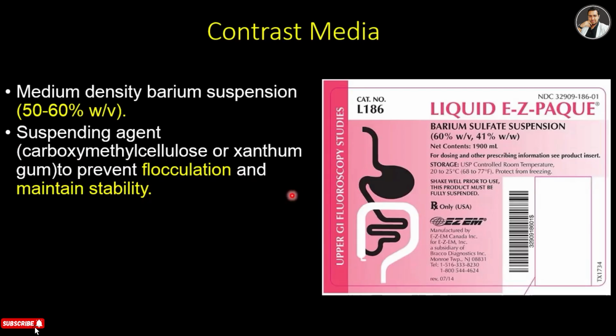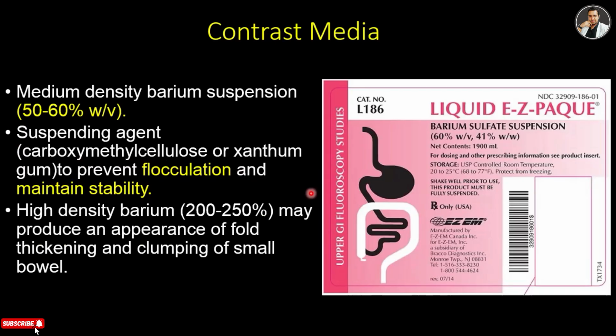It helps spread the barium particles through the whole solution, and reduces the chance of the barium particles settling down. And high density barium, 200 to 250%, may produce an appearance of fold thickening and clumping of small bowel. So this is the reason why high density barium should not be used.